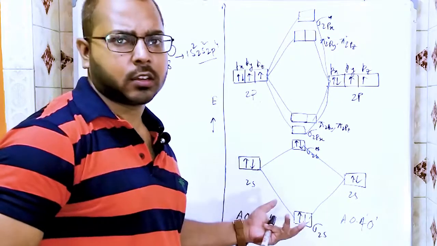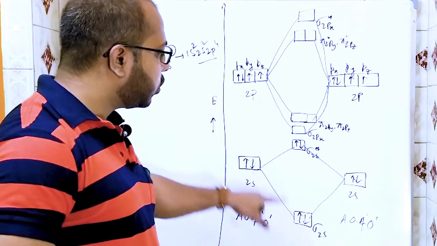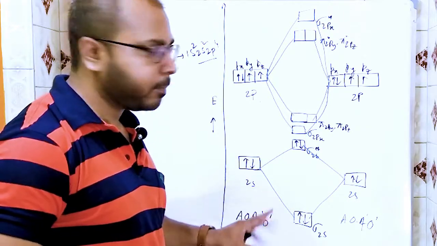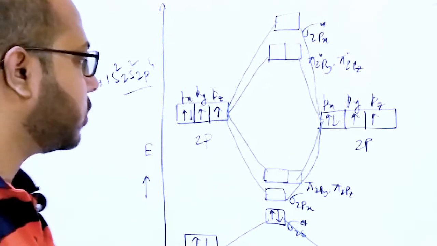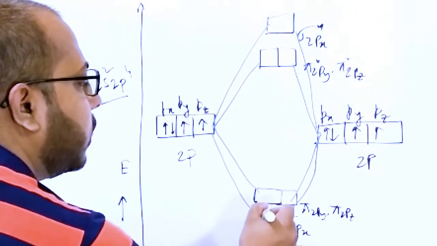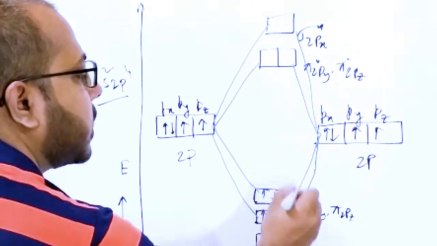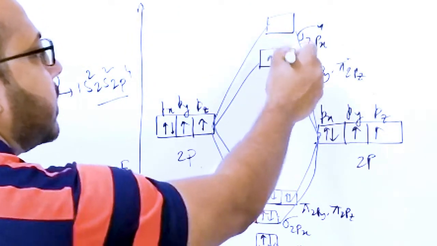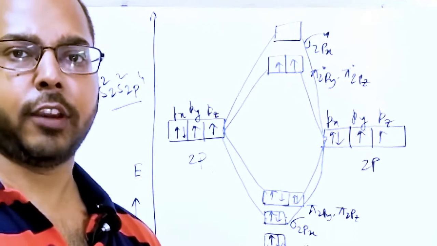So I have just joined this. Now the electrons are to be filled up. 4 plus 4, how many electrons? 8. So now fill up: 1, 2, 3, 4, 5, 6, 7, 8. 8 electrons are filled up now.